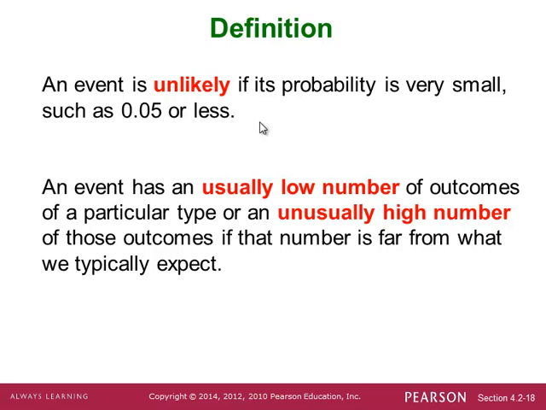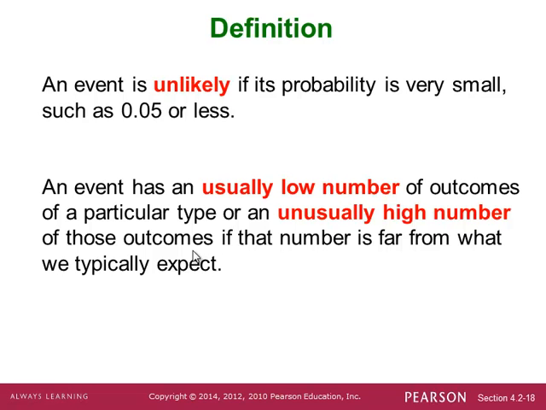And I'm pretty sure that the probability of getting 111 heads or less is much less than 0.05. So there were an unusually low number of outcomes. If instead of getting 111 heads, we were to get 937 heads, that would be an unusually high number of outcomes.